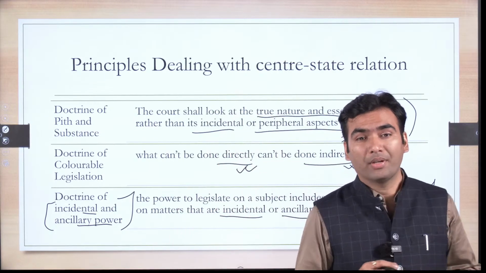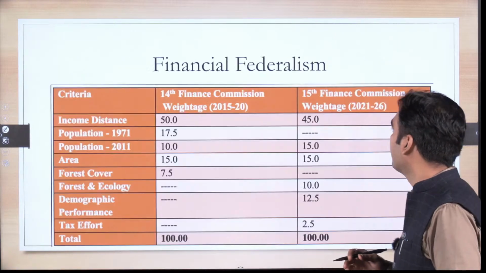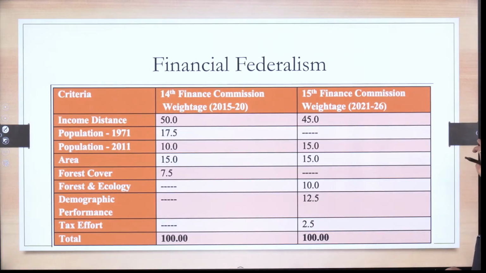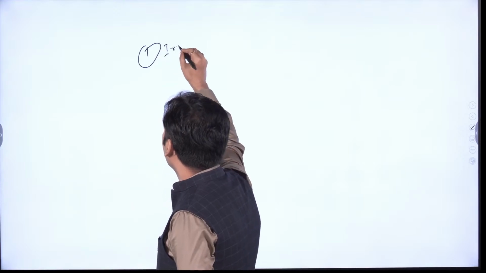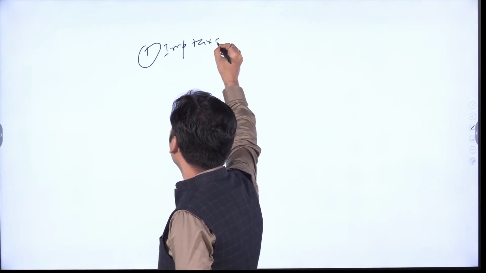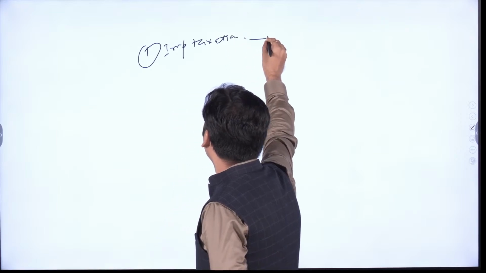Okay, so first and foremost, important taxation matters are there in the union list.